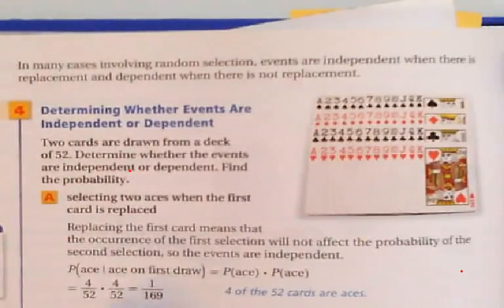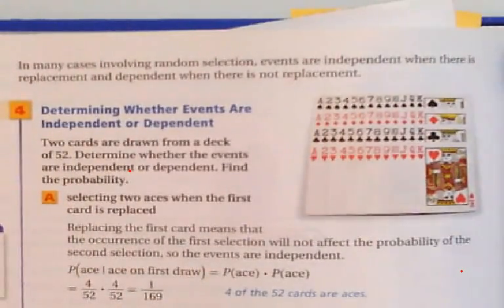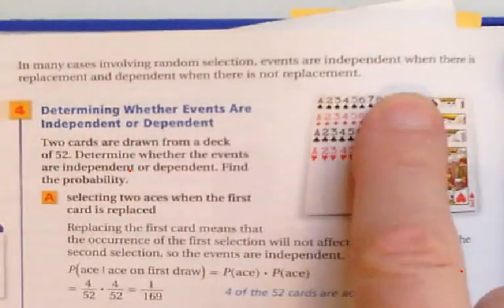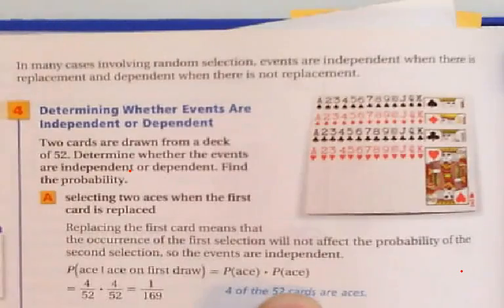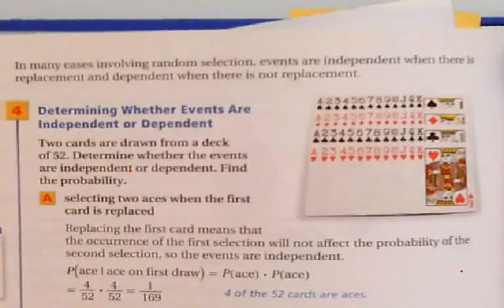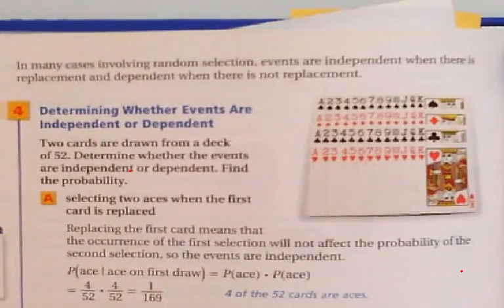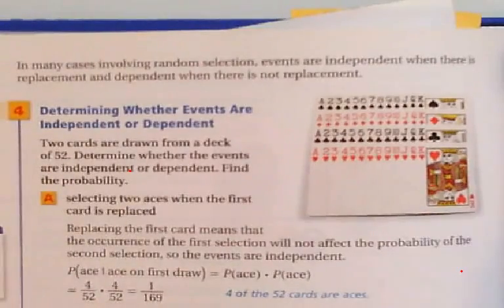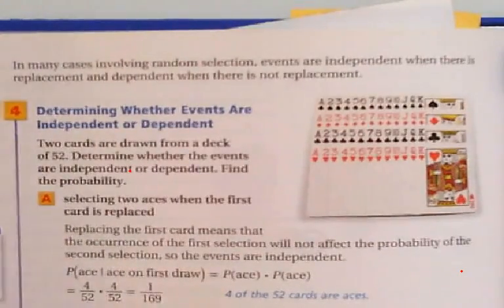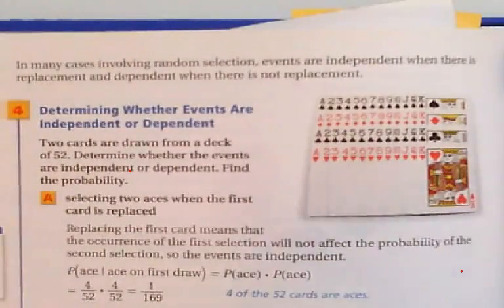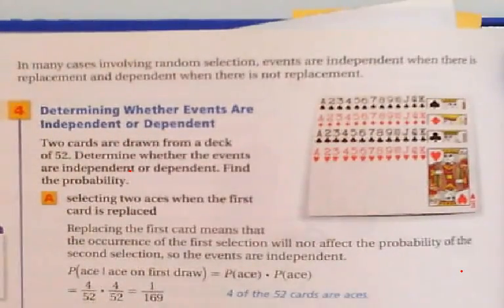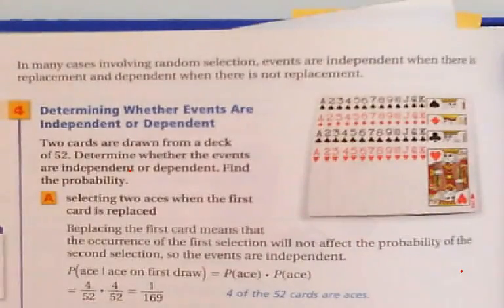Now, if I don't put it back, I don't replace the card, if I choose a card and then don't put it back and hold on to that card, then it's a dependent event. So if you don't replace it, it changes the number of cards.